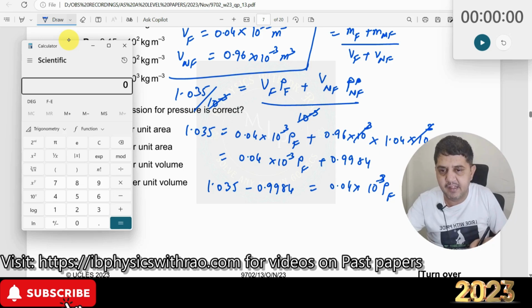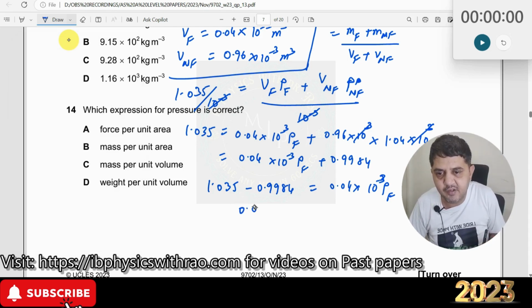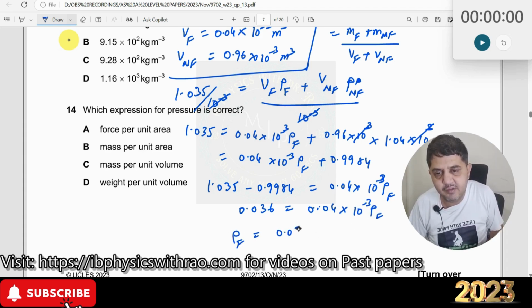I made a mistake again here. 1.035 minus 0.9984 will give me 0.036. So 0.036 is equal to 0.04 into 10 to the power of minus 3 times rho F. Our rho F should now be equal to 0.036 divided by 0.04 into 10 cube.